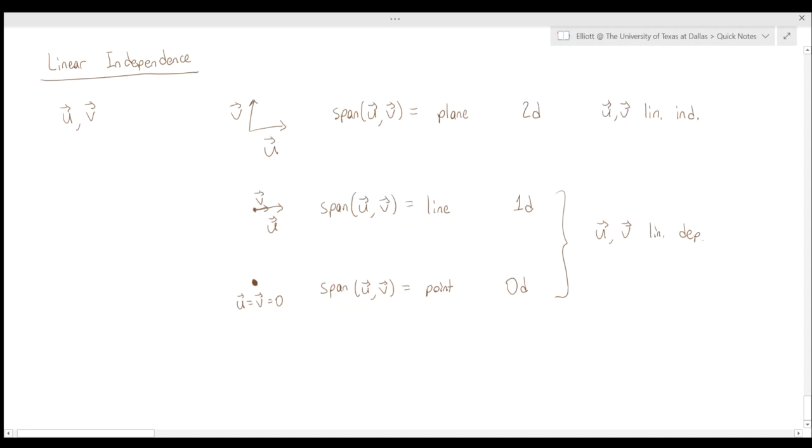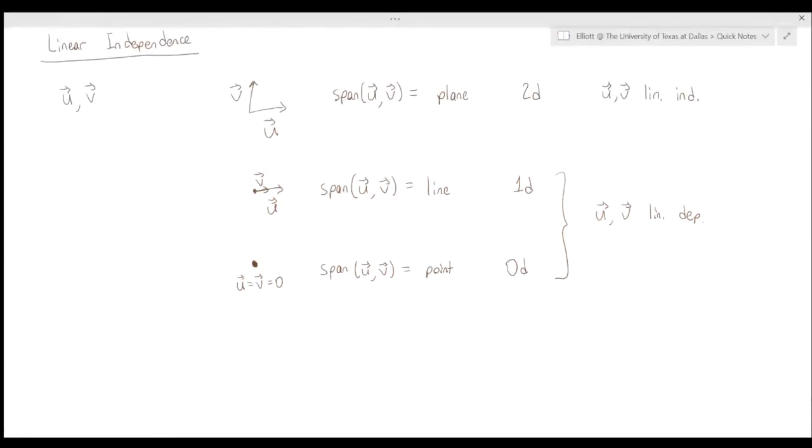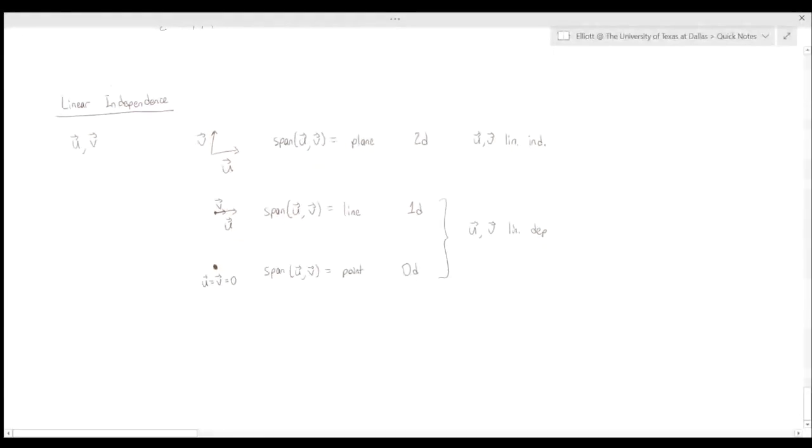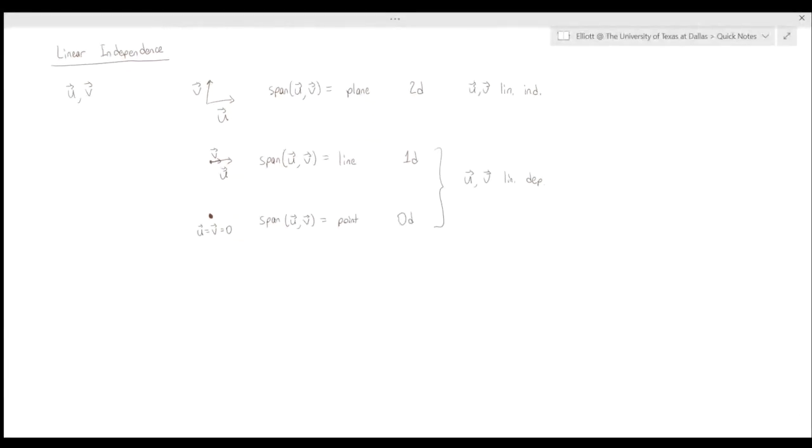And it's kind of similar if you have 3 vectors as well. So imagine having 3 vectors u, v, and w. So the nice case would be when your 3 vectors span 3 dimensions.